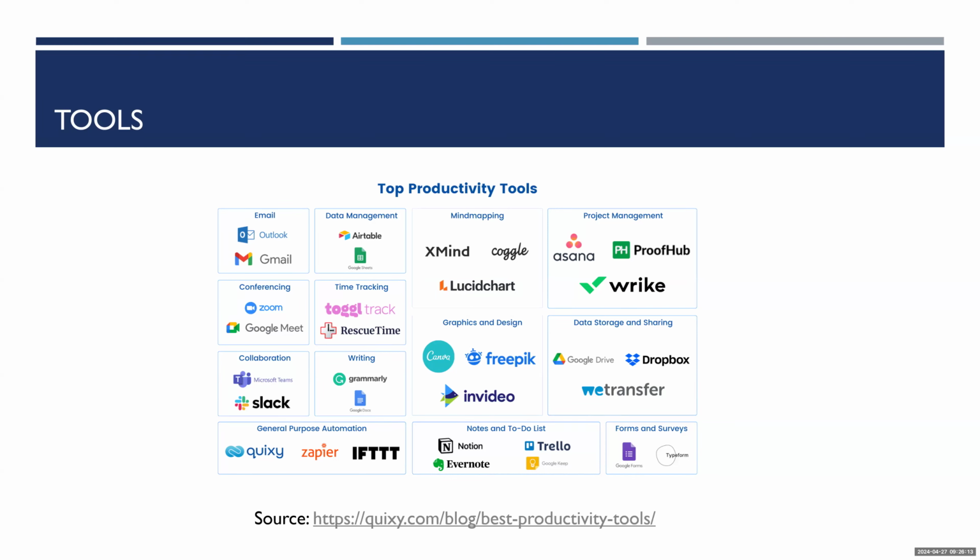For forms and surveys, Google Forms are used quite often. SurveyMonkey often comes with a cost if you're sending it to too many people, so Google Forms has become really helpful for that. For data storage and sharing, Google Drive and Dropbox are probably the most frequently used. Dropbox is something that we can use also within our suites of software tools here at USI.